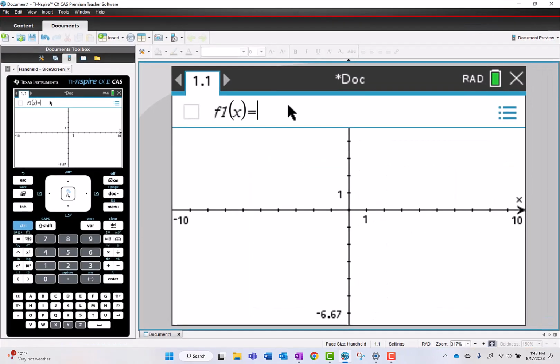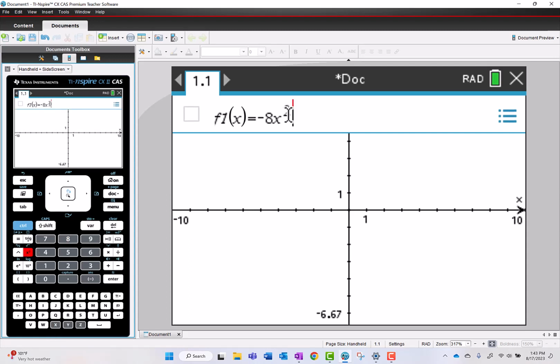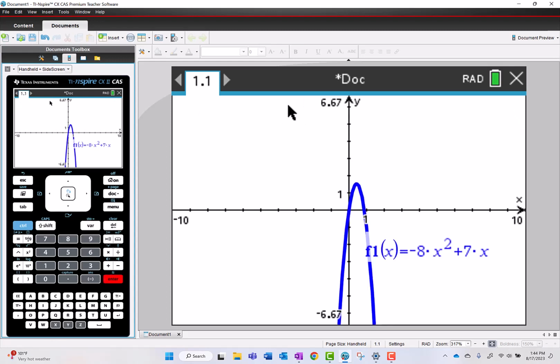So I'm going to store, and that formula was what? Negative 8x, and I don't use the t, just use x. X squared, plus 7x. And then just hit enter. Now I just stored it there.